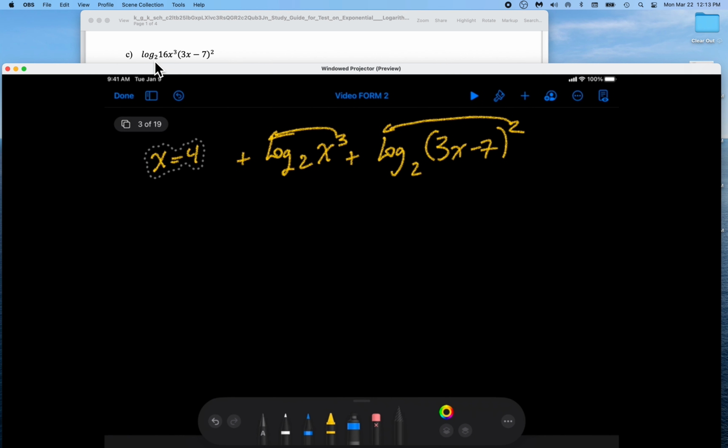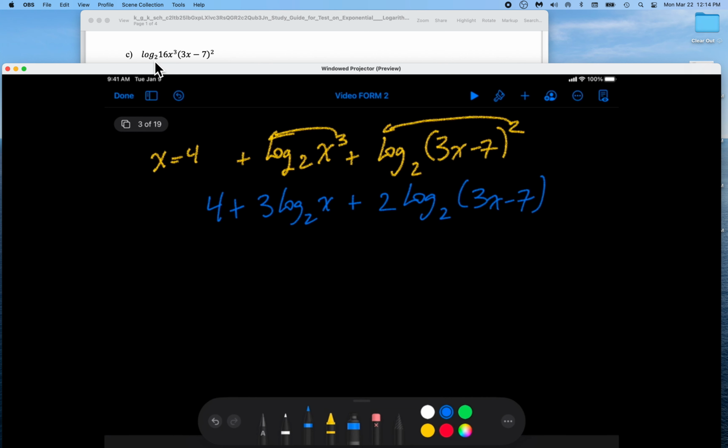Okay, now we continue writing, and we have 4 plus 3 log base 2 of x plus 2 log base 2 3x minus 7. What's your final answer?